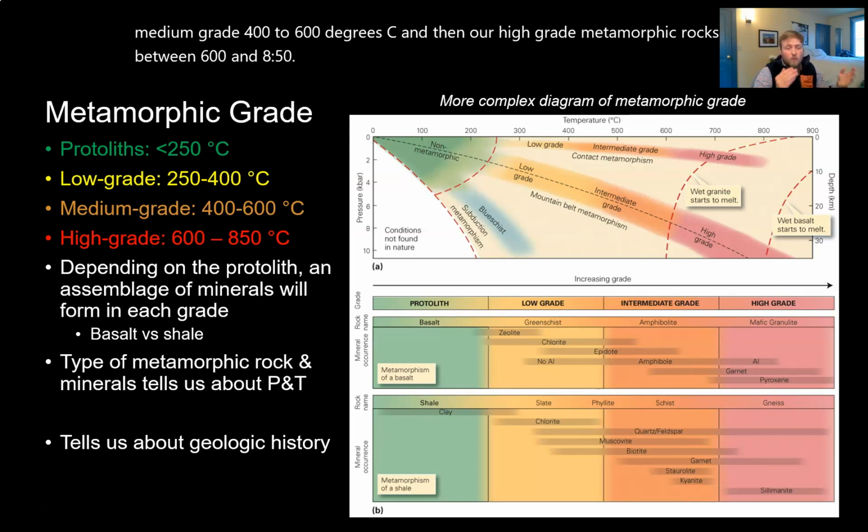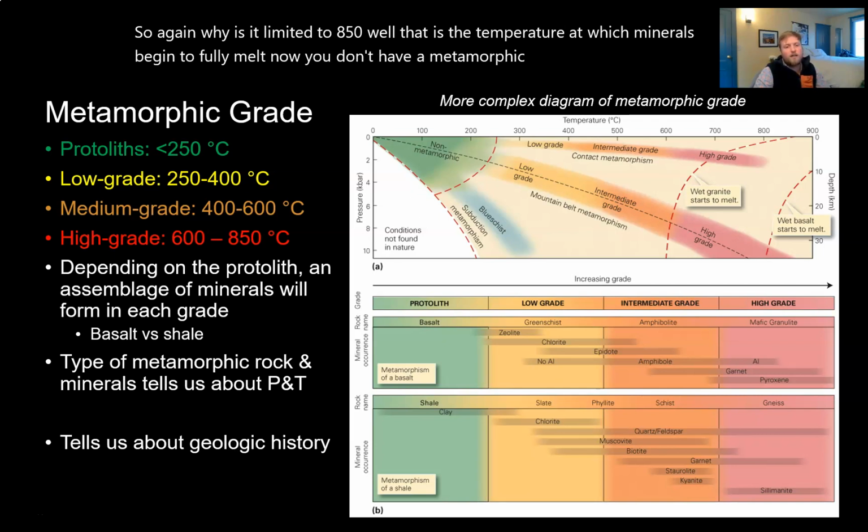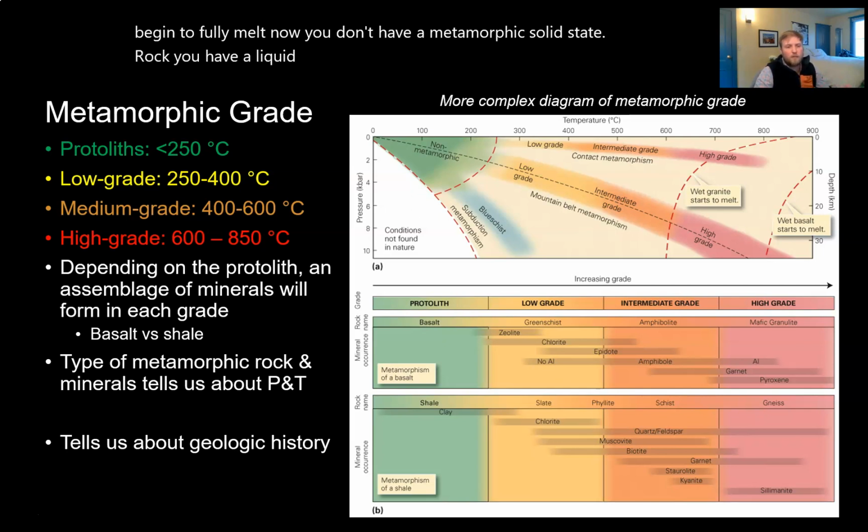Okay, so again, why is it limited to 850? Well, that is the temperature at which minerals begin to fully melt. So now you don't have a metamorphic solid state rock, you have a liquid, and therefore an igneous melt.